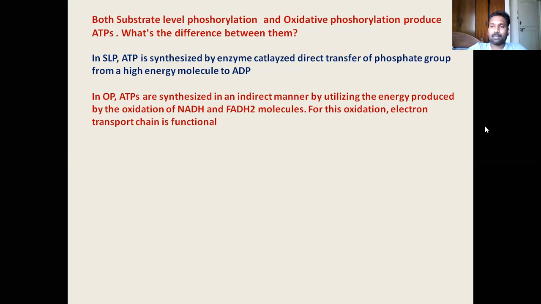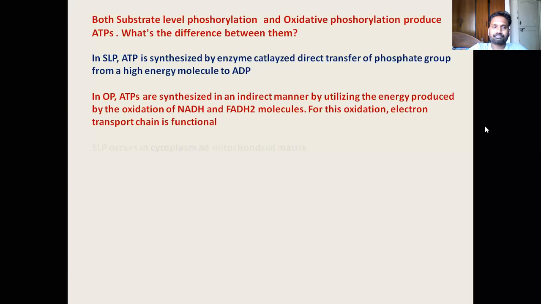And the energy liberated here is conserved, transformed into ATPs through what do we call the ATP synthase mechanism, the chemiosmotic mechanism, where the proton gradient is established, and then when the protons flow back, they give energy that can be converted into combination of phosphate with ADP to give ATP. So indirectly it is synthesized, right, by deriving the energy from some other reaction, that is NADH and FADH2 oxidation.